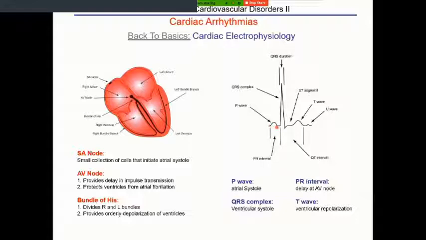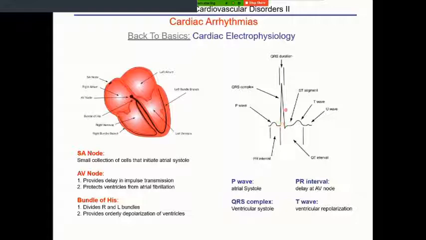So this represents the delay at the AV node. The PR interval is the point where you can see the pause at the AV node as a result of its slower conduction versus the SA node.